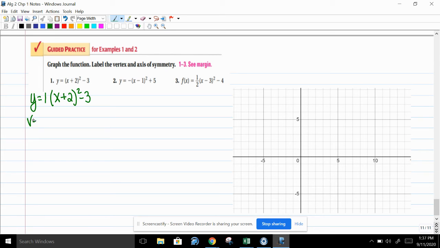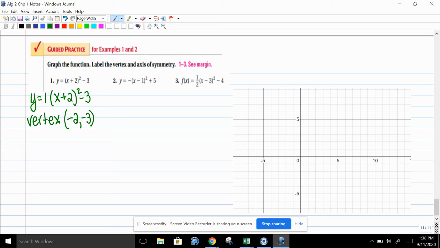The vertex of our graph is (h, k), which we just talked about in the previous example. If it's a positive, the h is actually going to be a negative, because a positive is the same thing as a minus minus. Remember, that minus is built in. So the x coordinate is negative 2, and the y coordinate, which is k, is negative 3. That's that point out here on the outside.